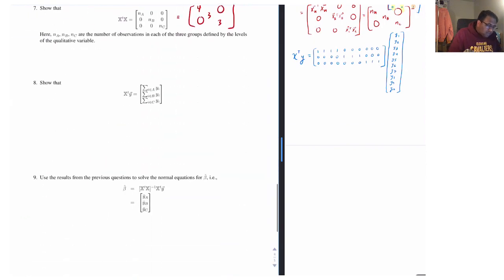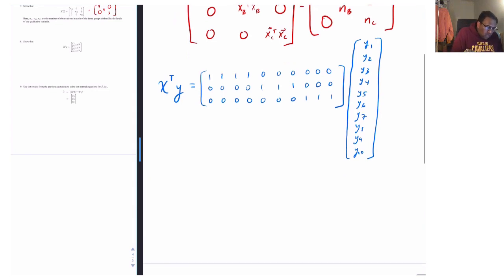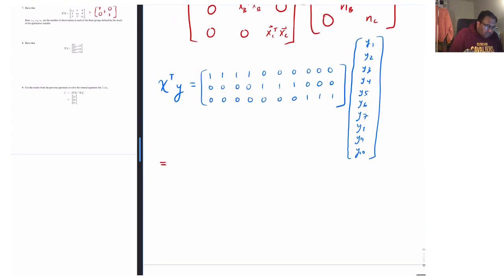Okay, and so the reasoning for this is very similar to the reasoning behind X transpose X, right? What I'm going to do to compute the value of X transpose Y is take this column vector y, rotate it, and dot product it with each of the rows in X transpose.